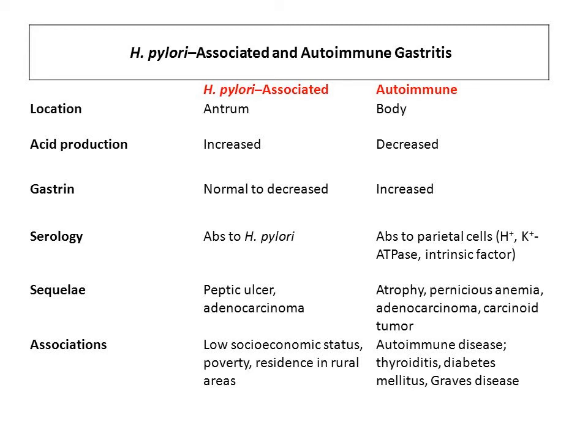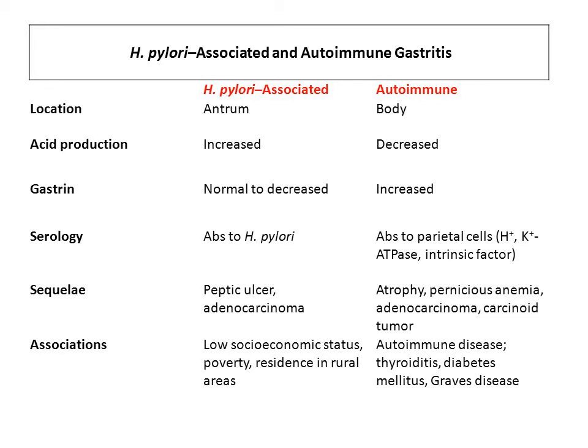Similarly, one other important feature is B12 level or anemia. Anemia can occur in H. pylori associated gastritis, but that will not be due to deficiency of B12. Well, in autoimmune gastritis, anemia can occur, and that anemia is due to vitamin B12 deficiency.